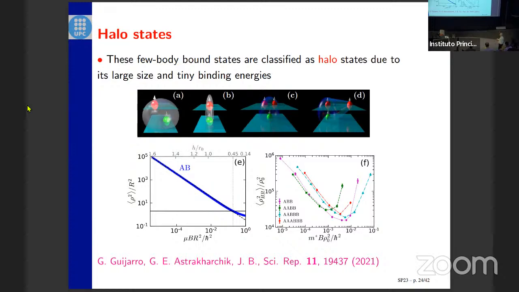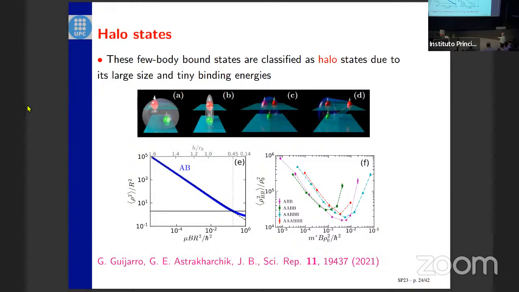So we checked that our system is an example of halo states, not only with 2 or 3 particles, which more or less are known, but even with pentamers and hexamers. This is very strange. There are practically no cases in nature where the halo state persists when the number of particles grows at least up to 6, like here. That was a real surprise for us.